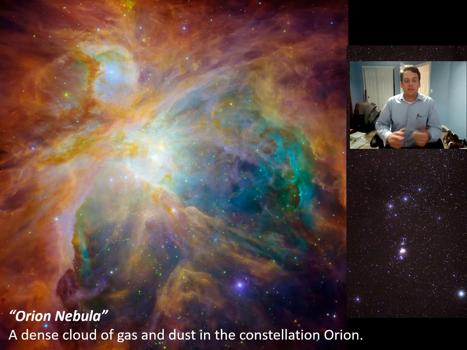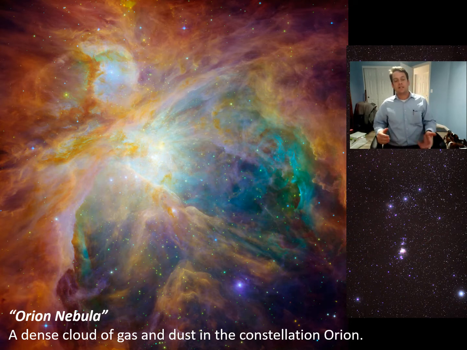Here's another example, the Orion Nebula. This is what we call a dense cloud of gas and dust. This one happens to be in the constellation Orion, and so again, not creative in naming things. It's a nebula in the constellation of Orion, so we call it the Orion Nebula. When we say a dense cloud of gas and dust here, we mean dense relative to the interstellar medium. The interstellar medium is really low density because interstellar space is mostly empty, but it's not uniformly mostly empty.